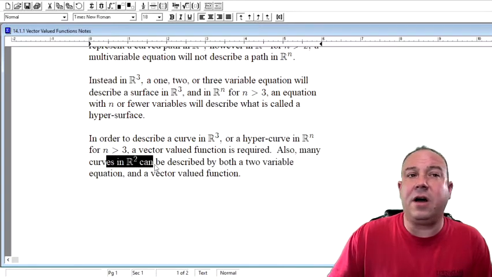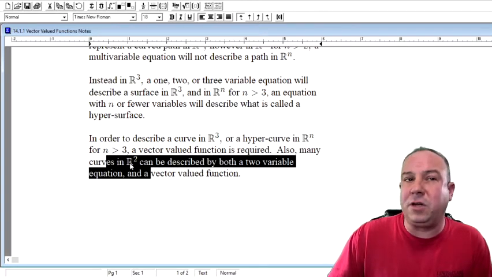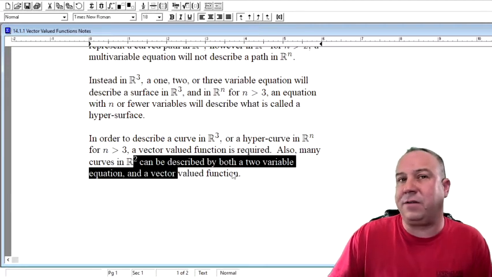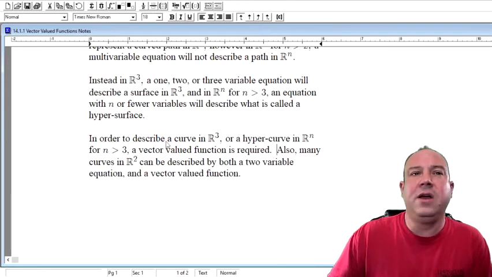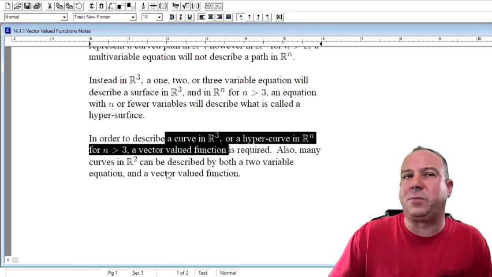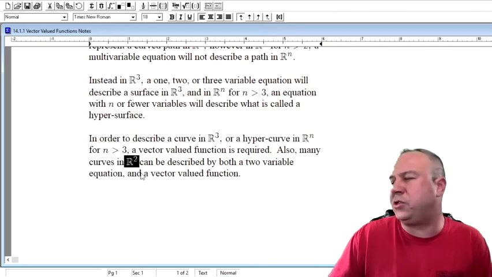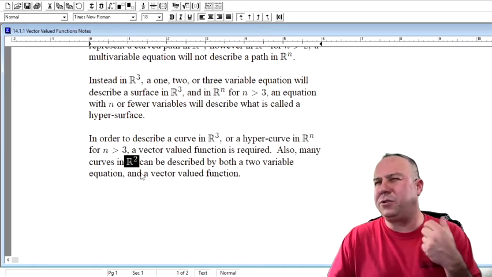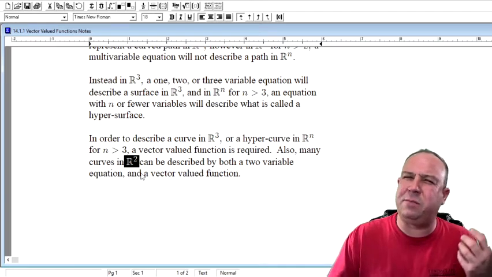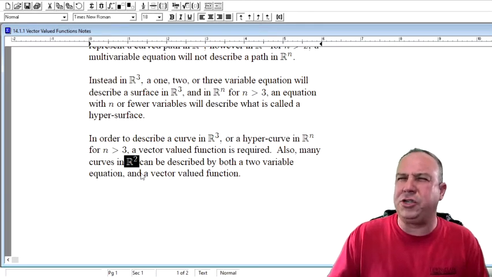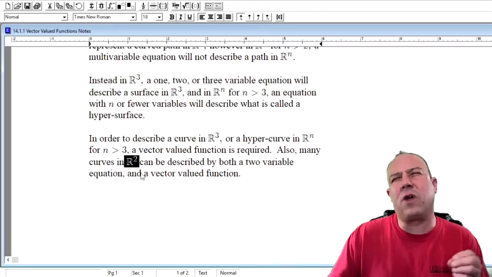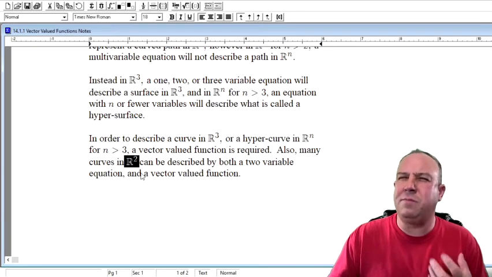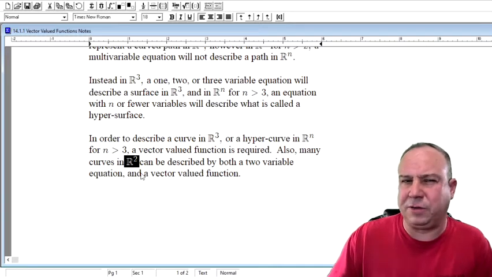Many curves in R sub 2 can also be described by a two-variable equation and a vector valued function. If we also take note, this is not just true for three-dimensional space, but if we went back down into 2 dimensions, we could actually take these curves that are represented by a two-variable equation in this space and represent those curves using a two-dimensional vector valued function.